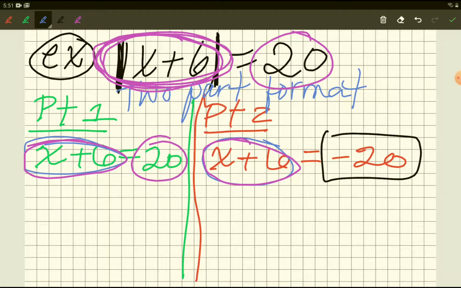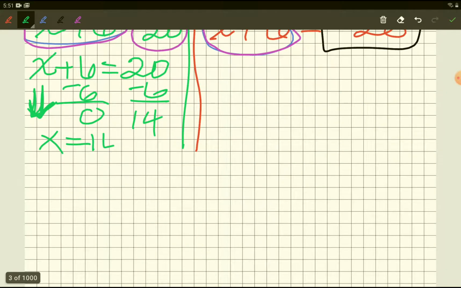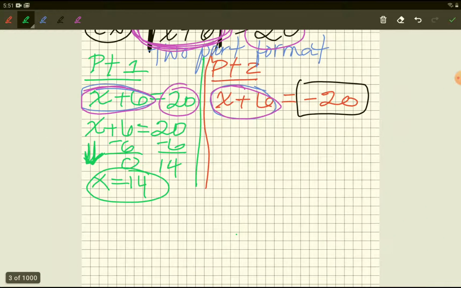Now I just solve for x like normal. Part 1: x plus 6 equals 20. Subtract 6 on both sides, and x equals 14. Part 2: x plus 6 equals negative 20.